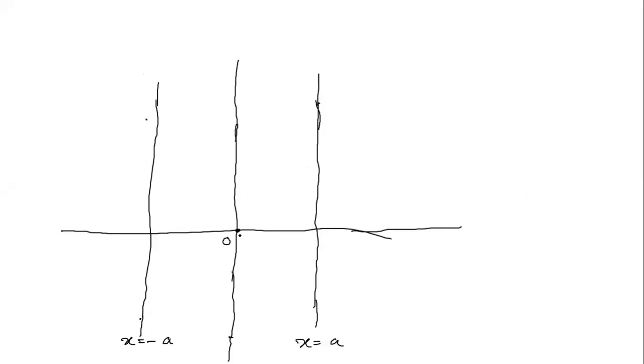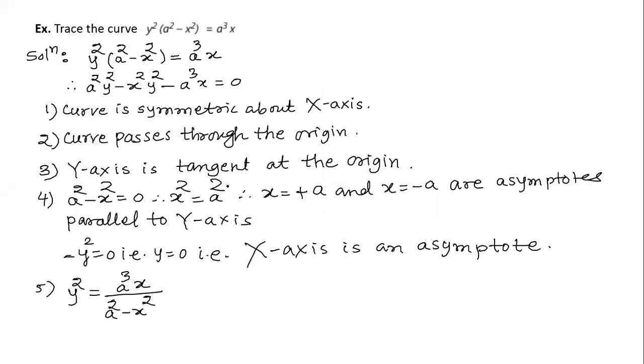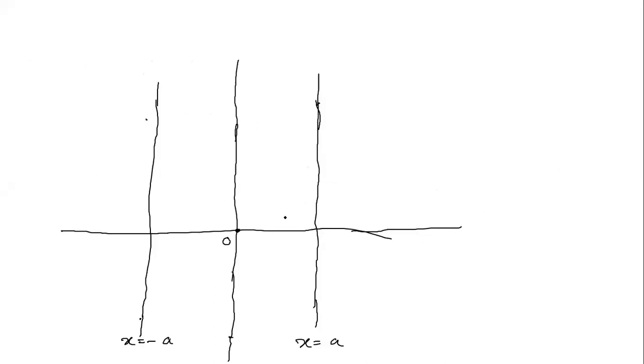So for every x which is greater than 0 and less than a, there are two values of y, one positive and one negative. The curve exists in the region between the lines x equal to 0 and x equal to a. We know the curve is symmetric about the x-axis, but we cannot say anything regarding the same yet. The thing is that the curve exists between x equal to 0 and x equal to a.